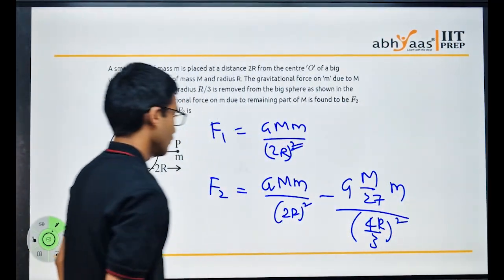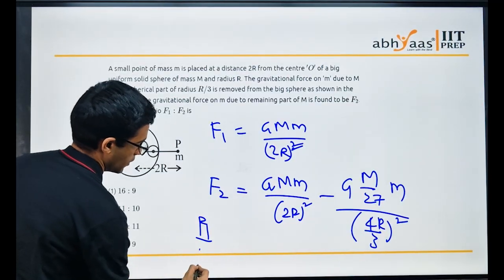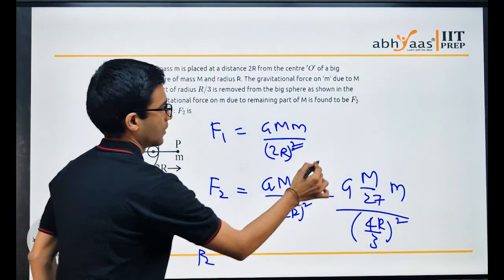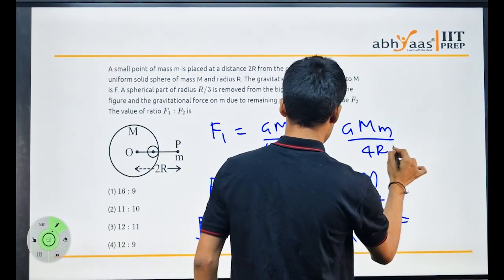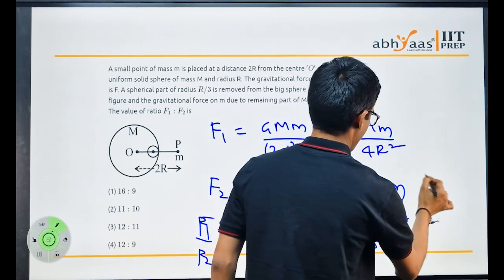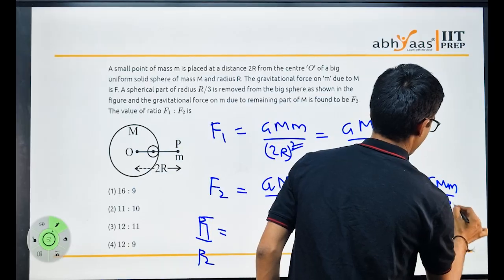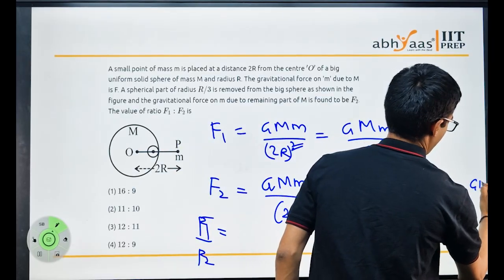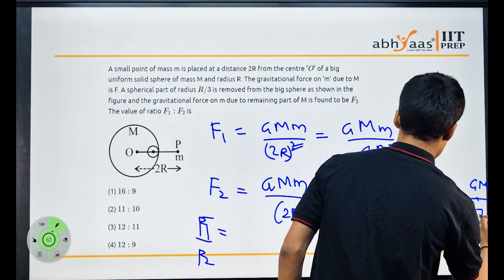So F1 by F2, you need to calculate here. G capital M small m by 4r square. From that, here also, if you see 3 square is 9, I'll do this little bit of calculation: 4r square minus G capital M small m by 27.